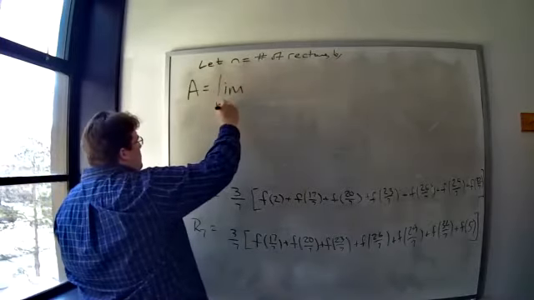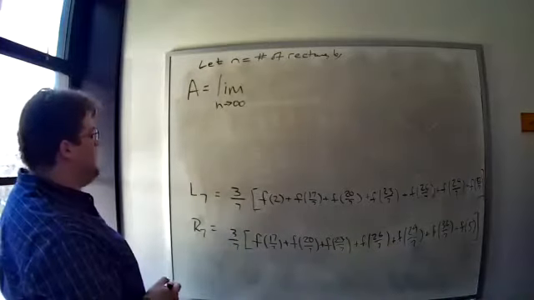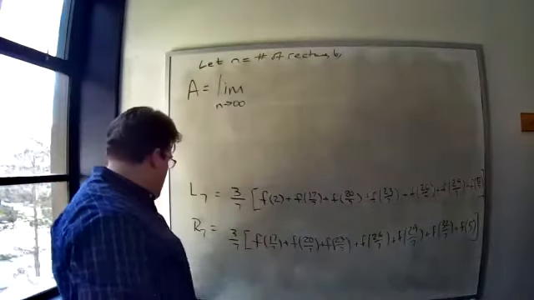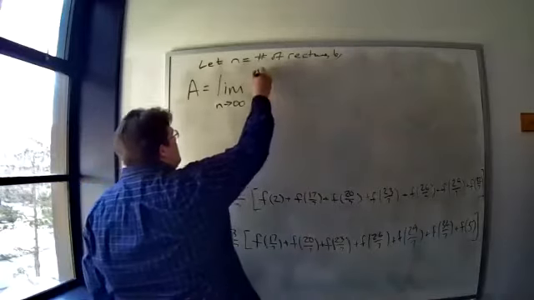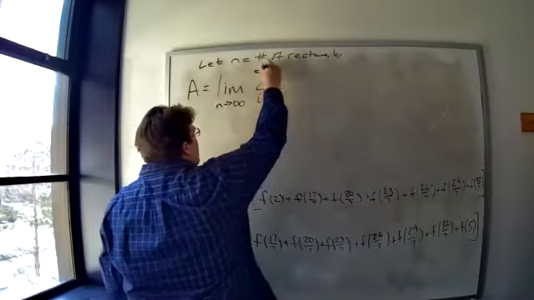I'm going to do that in one step. So the exact area will be the limit as the number of rectangles goes to infinity of the approximation. The approximation is given by a sum of n rectangles. So the limit will make this approximation exact, and here we're going to add n rectangles together.